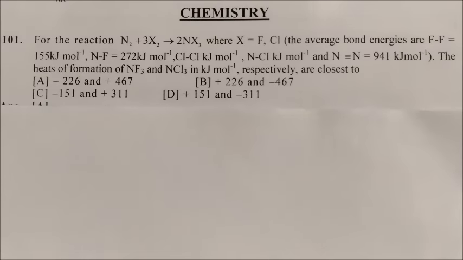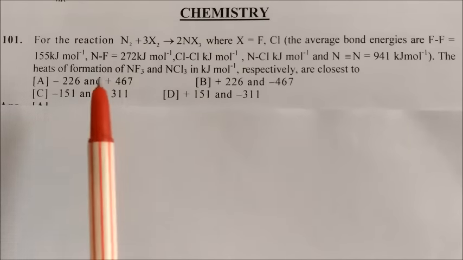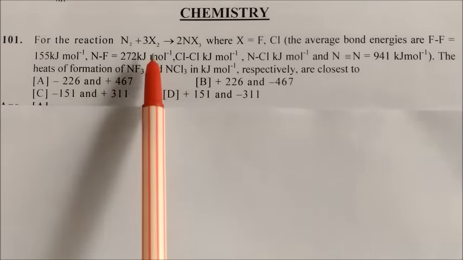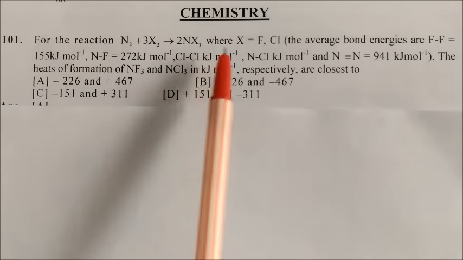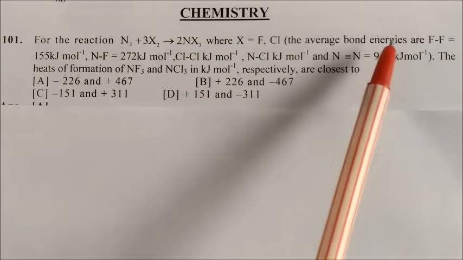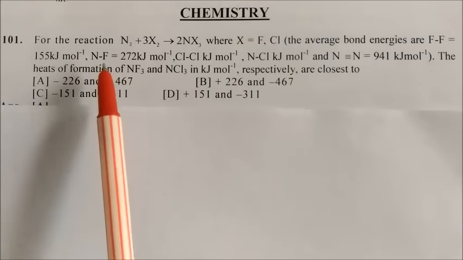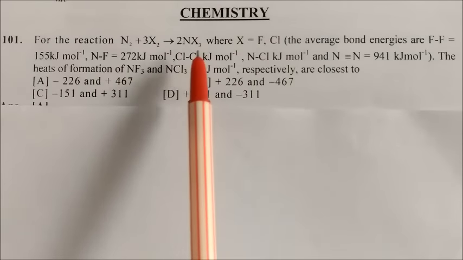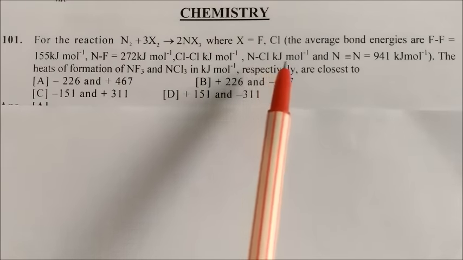Now this is the second part of the same examination, stage 1. For the reaction N2 plus 3X2 gives 2NX3, where X is F fluorine or chlorine, and the average bond energies of the F-F, Cl-Cl and nitrogen-chlorine are given over here.